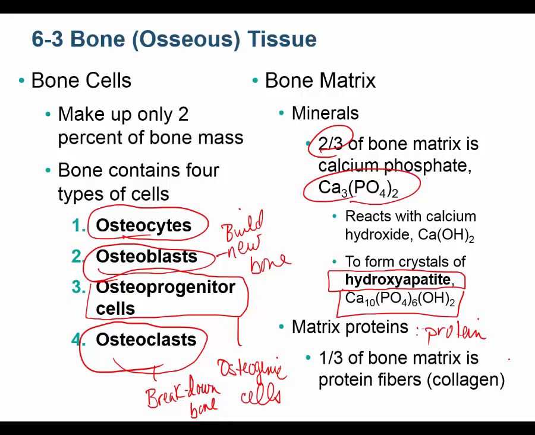And then take the bone out the next morning out of the vinegar and see how flexible it is. It'll be pretty darn flexible. So the matrix portion of the bone is just the collagen protein. So that's what makes up the bone. You have matrix proteins, which is collagen, and the minerals of the matrix, which is hydroxyapatite.